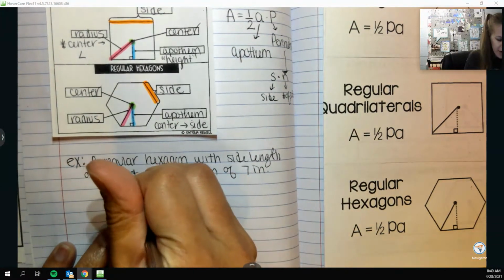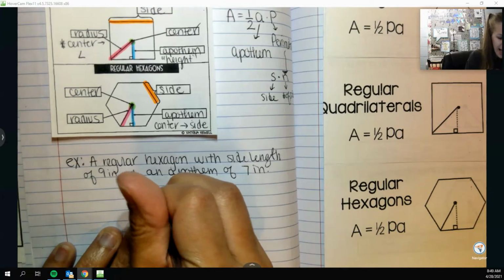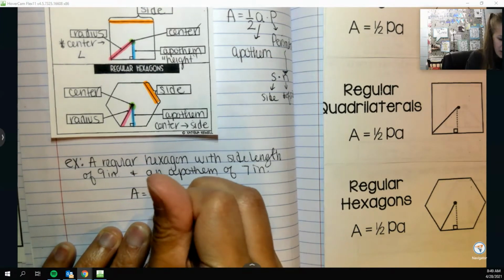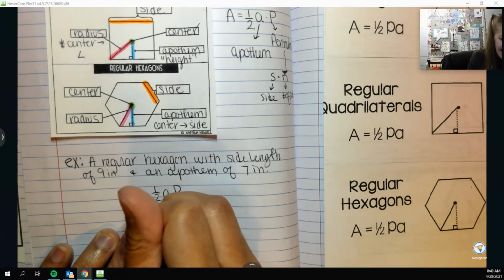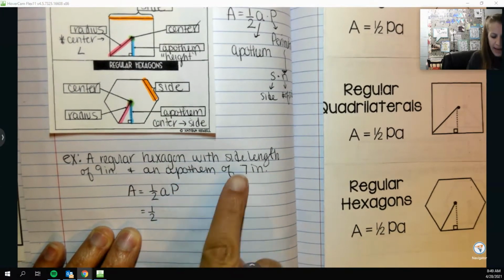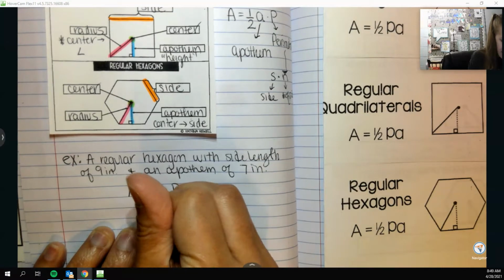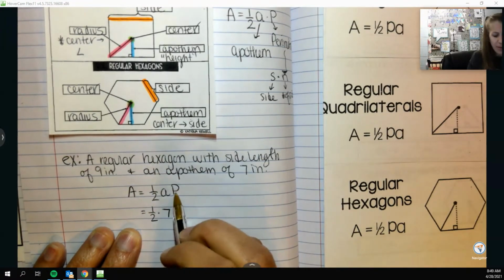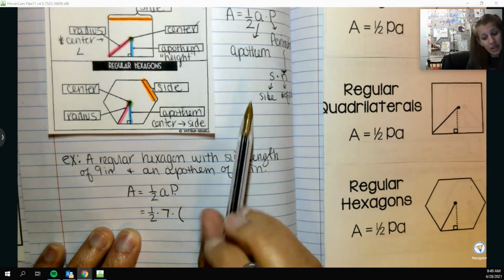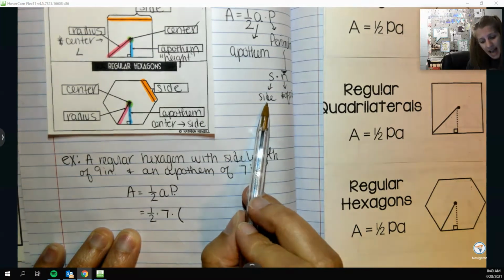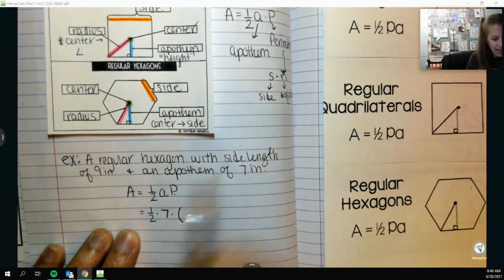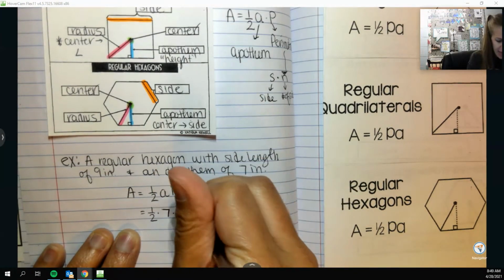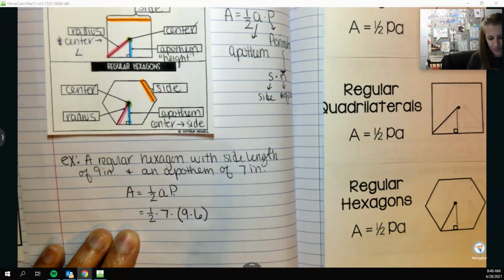So because my area formula here is half apothem times perimeter, I would do half the apothem, which is 7, times the perimeter, which I'm really thinking of as the side times number of sides. So the side length is 9, and there are 6 of them.